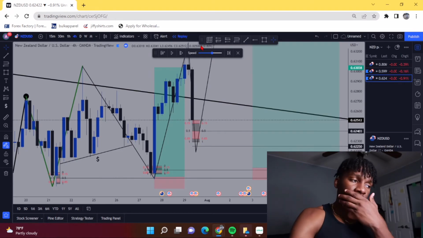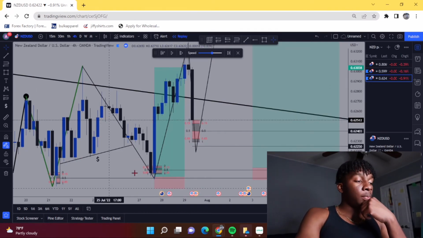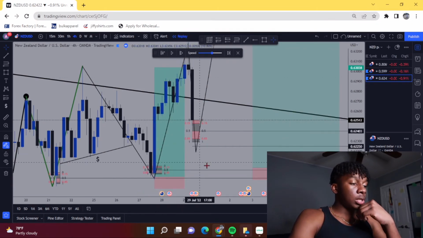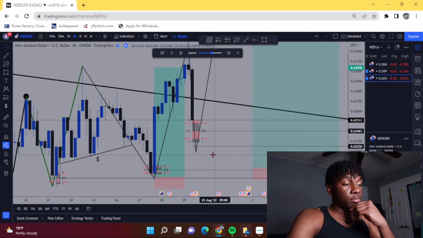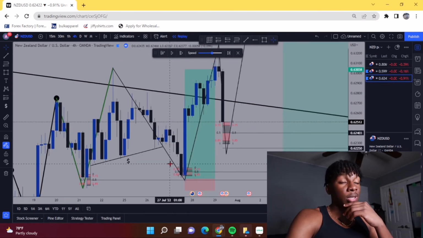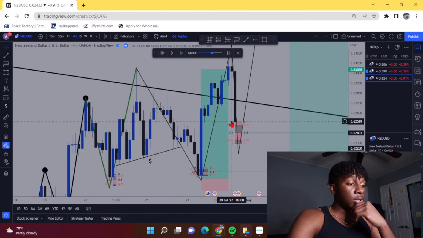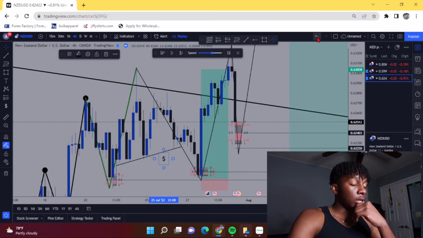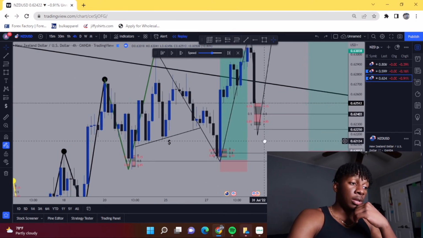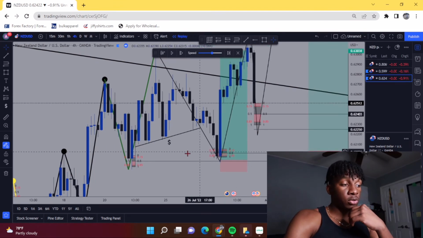But yeah, with that being said, once I seen this rejection and the market just completely shot up there, I was like, yeah, Al, you doing your thing. No cap, y'all, this was a beautiful execution of the trade. Literally no drawdown, at most 6 pips of drawdown.